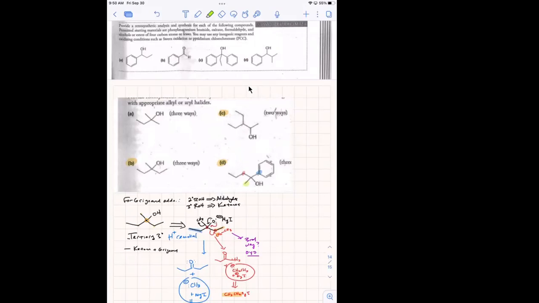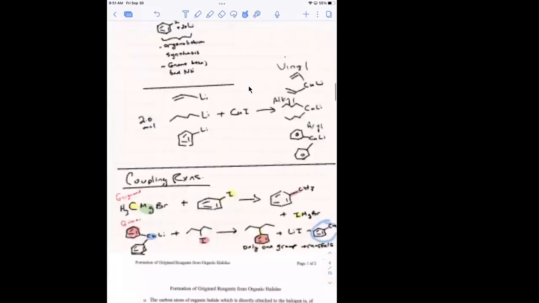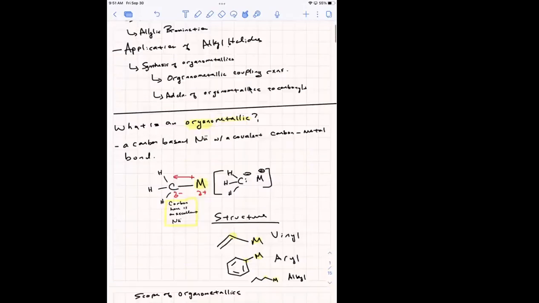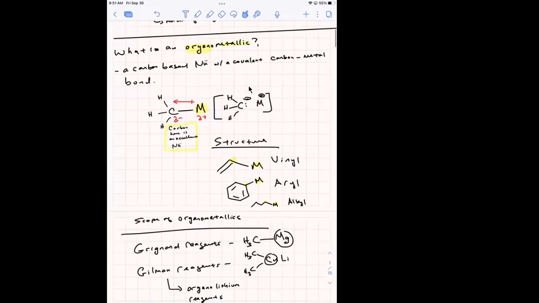And it'll be Grignards, well, organometallics, and substitution and elimination, and whatever we did. What did we do before organometallics? I can't remember. We did allylic bromination.